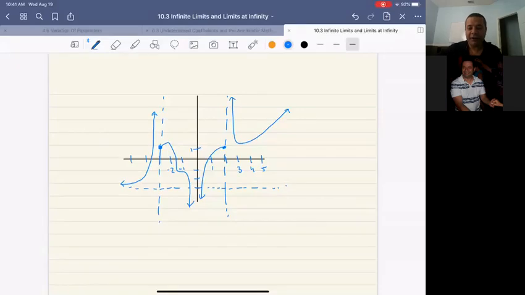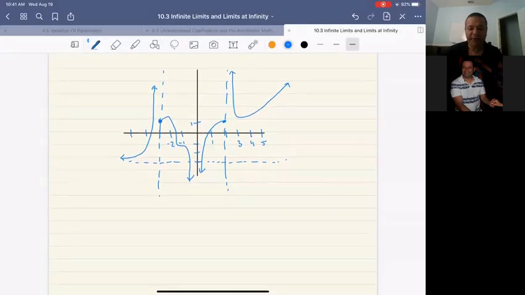All right, the first set of problems deal with this graph. I went ahead and drew the graph out of the text that I have. Okay, so let's take a look. This is f of x.